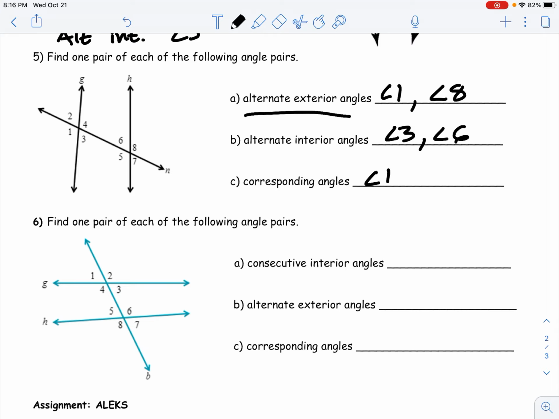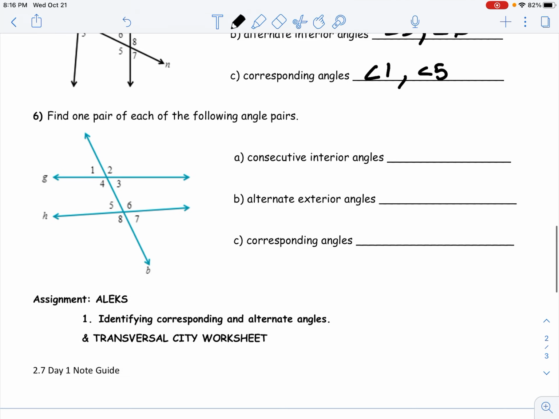And then corresponding angles, I would say angle 1 is corresponding with angle 5. Consecutive interior means same side interior, so angle 4 and angle 5. Alternate exterior would be angle 1 and angle 7. Corresponding angles would be angle 1 and angle 5.